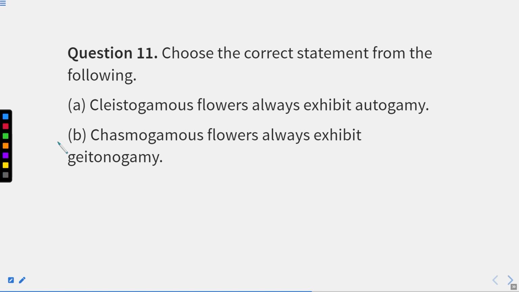Now what is geitonogamy? Here the pollens from the anther are transferred to the stigma of another flower, but this flower is present on the same plant.